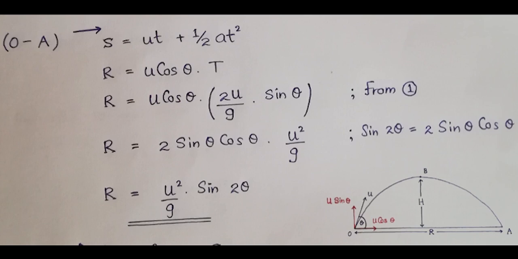From trigonometry, you know 2 sin theta cos theta is equivalent to sin 2 theta. Finally, we get our range as u squared over g into sin 2 theta.